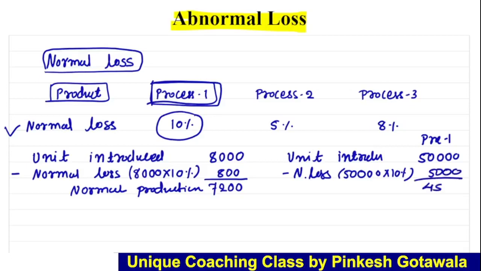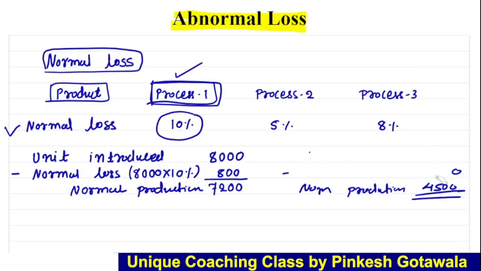So normally they will get 4,500. It will be normal production. Clear? So normally the supervisor of that department knows that if we introduce any units in process 1, 10% will be lost, so the remaining will be normal production. So normally this much production will occur.